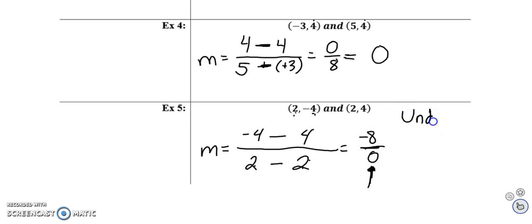This is that undefined slope. Some people may also say this as no slope because there's no such number for this slope. Notice the x's are both 2. Y's are different. That would be that vertical line, x equals 2.